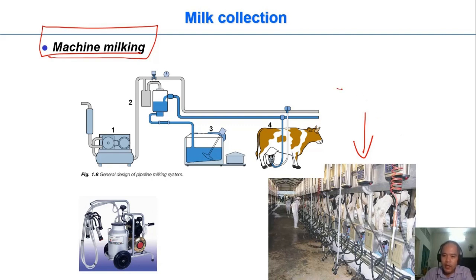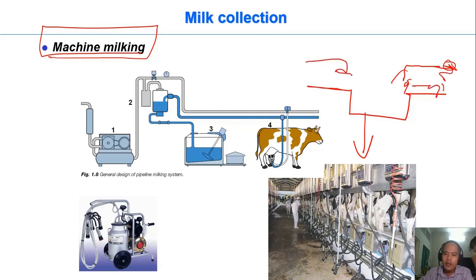They make it like this, and when the cow is at the time of milking, they will stand backward like this, and then the people can walk back and forth in this area, and the eye is right at the level of the udders of the cow, so it's easy to operate the system.